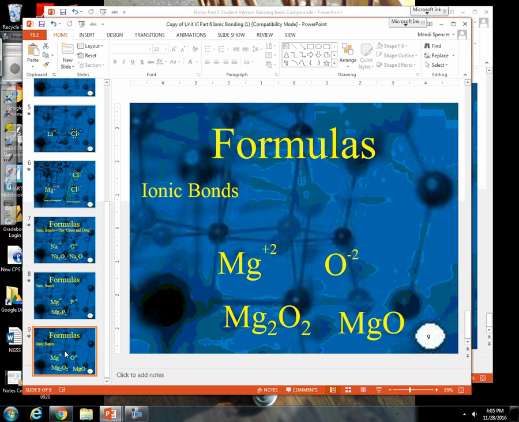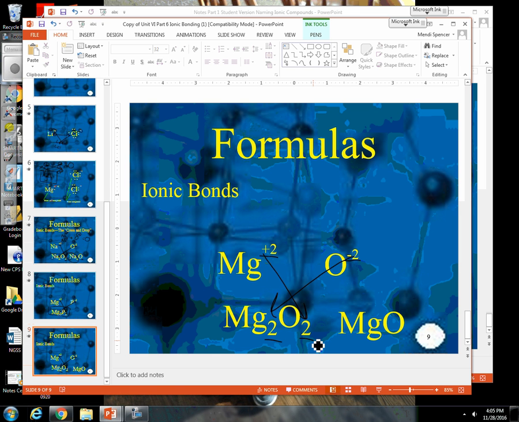Last example, we have magnesium with a plus 2 charge being bonded to oxygen with a minus 2 charge. So in this case, it's a little bit different, because normally you would just cross your charges, which you can do. However, if both of your subscripts can be divided down, you do that. So in this case, we have magnesium 2, oxygen 2.